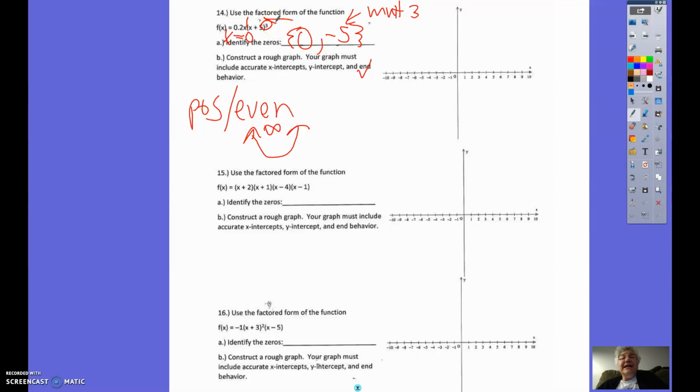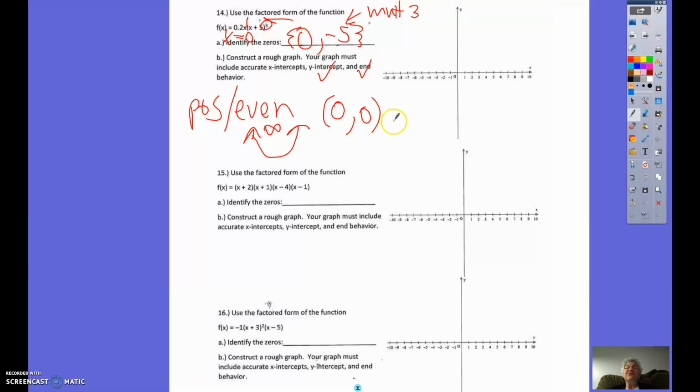The only other thing I need is my y-intercept. In my calculator, I put 0.2x times parentheses x plus 5, close parentheses, raised to the third power. I'm trying to find the y-intercept, so after putting that equation in y1, I'm going to go to the trace button, hit 0, and then my calculator is going to say the y value is also 0.